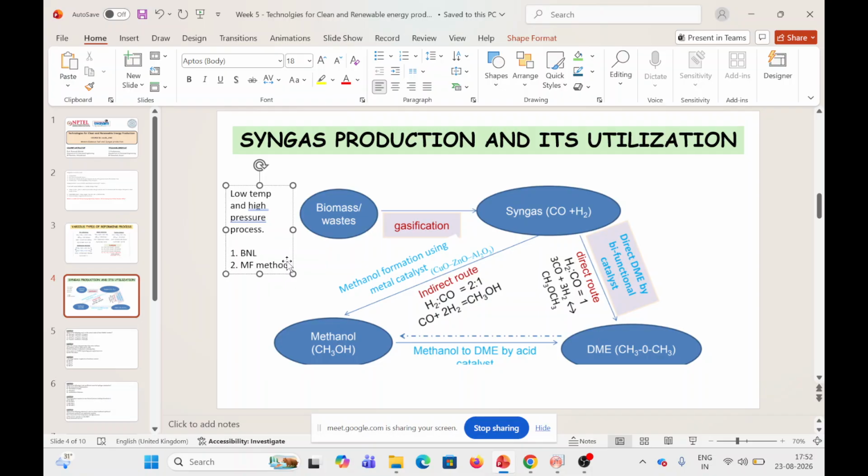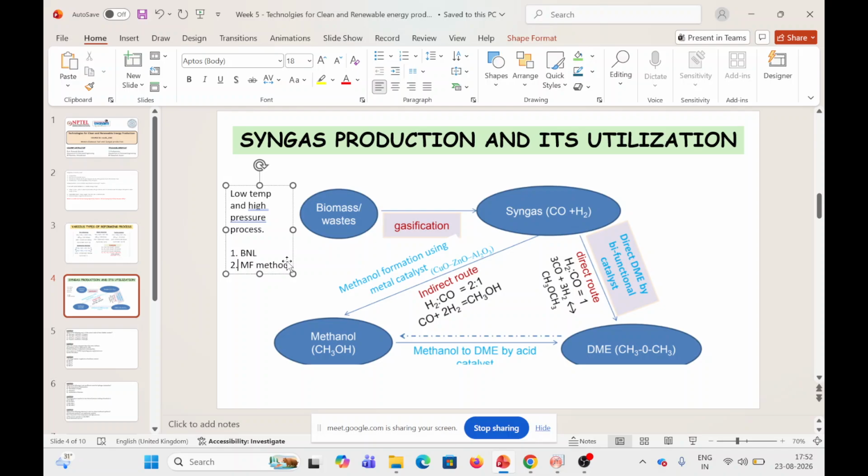In both these cases, the Brookhaven National Laboratory method and the methyl formate method, you take the CH4 and react it with a nickel catalyst or copper oxide catalyst along with an alkoxide organic solvent.